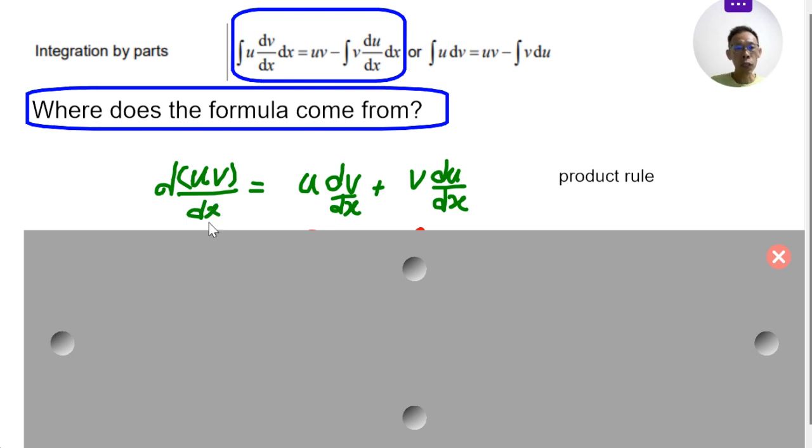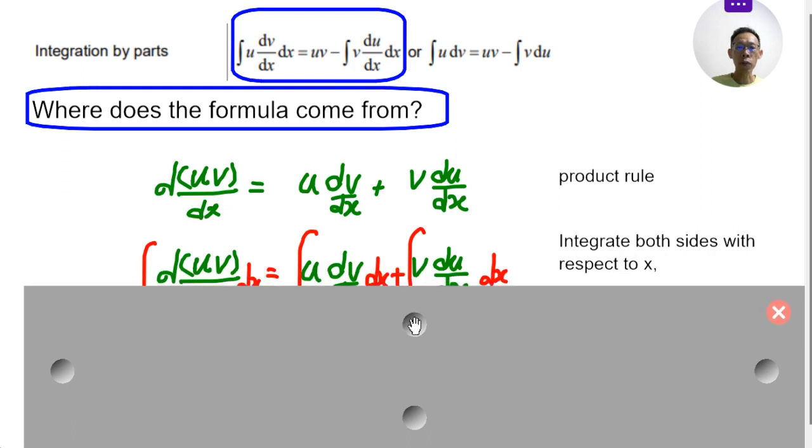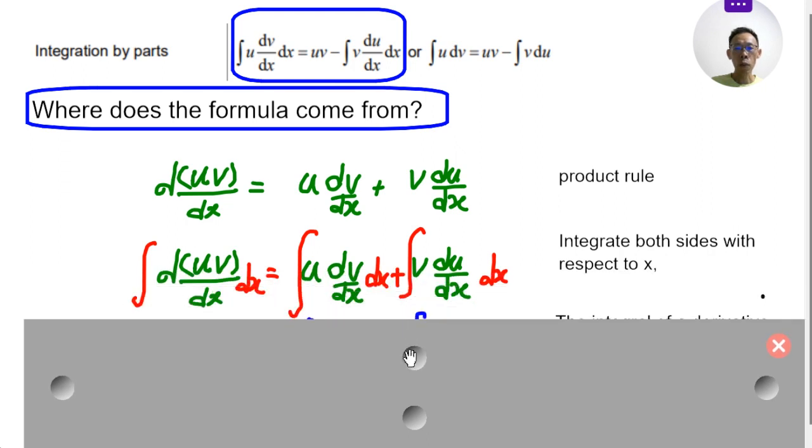And then if we take the derivative with respect to x, this is the result that we get from the product rule. Now, after taking the product rule, what we can do is the reverse process, that is, integrate both sides with respect to x.